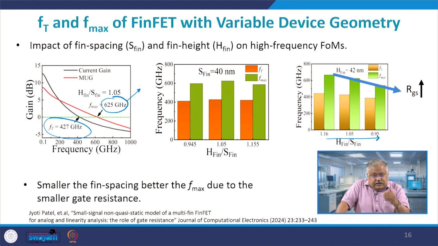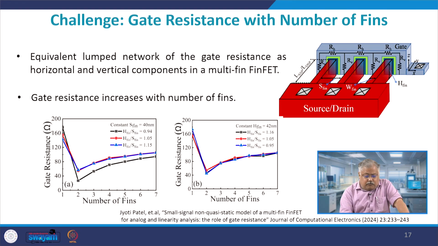As a result, the frequencies tend to come down, and you can see approximately some percentage drop in the value. This can also be attributed to a larger RGS value, because when your fin height increases, gate to source resistance also becomes larger. Okay. Now, what are the challenges?